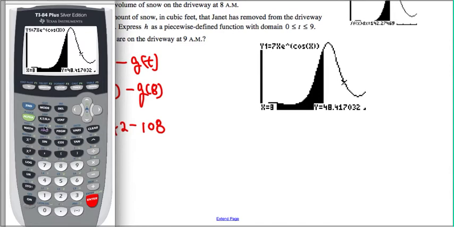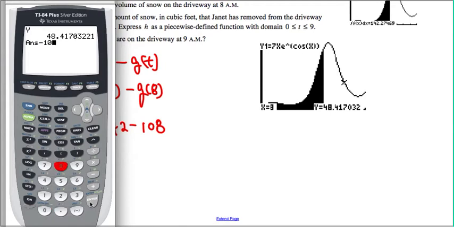So I'm just going to go for second quit, and then if I type in y, it should give me the same value. So y is alpha and number 1. That's y, just to make sure, and that was the y value which we just calculated, as you can see, and then minus 108. And that's what we end up getting.